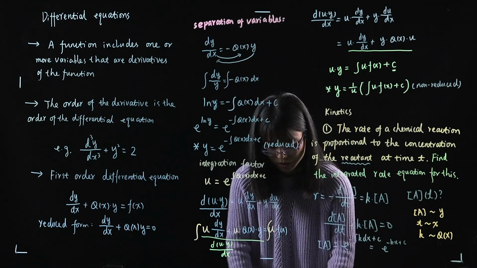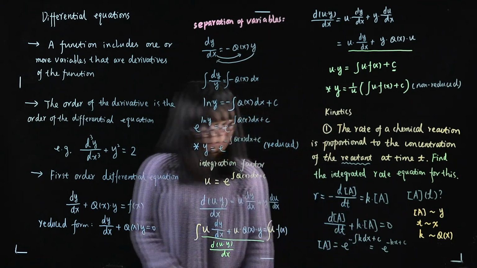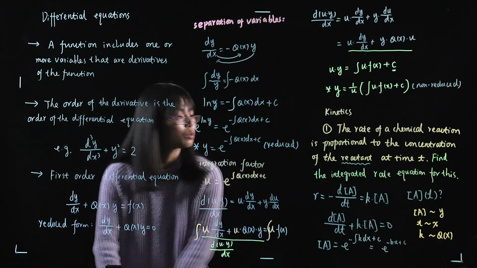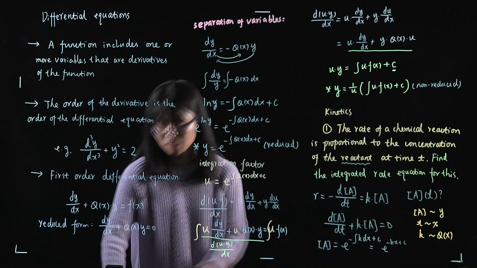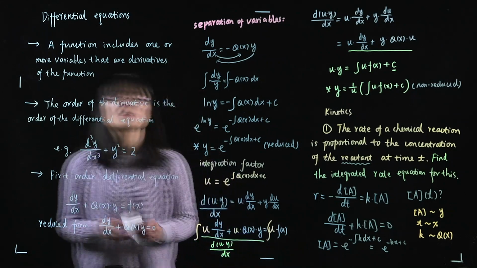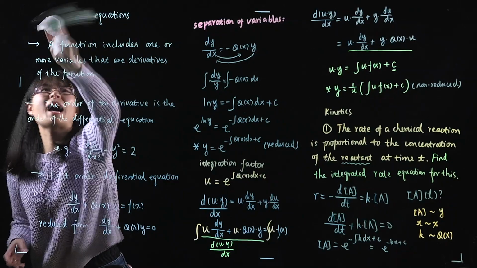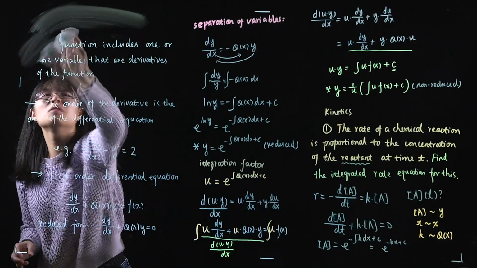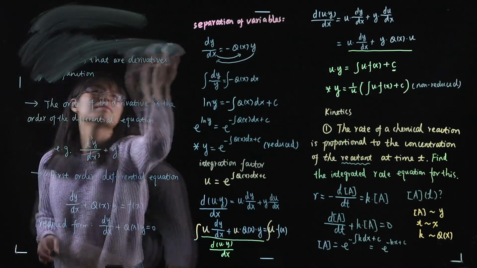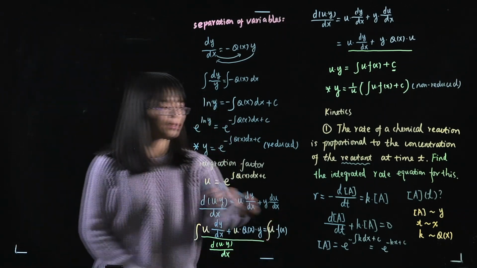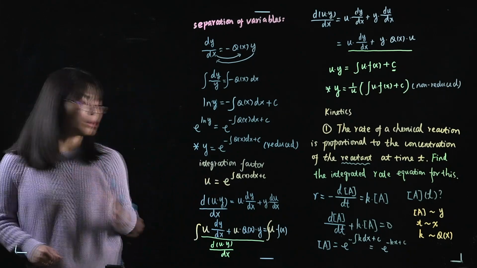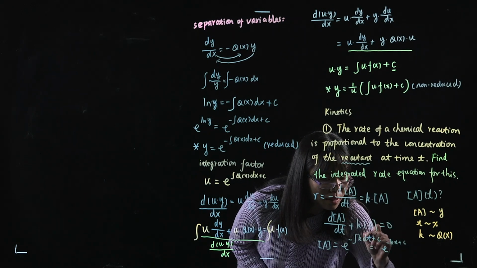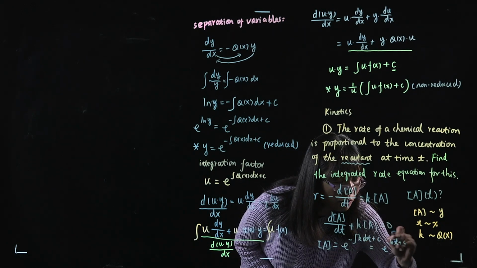To further find the integrated rate equation, this is not the end. We need to consider the initial condition by plugging in the values of y at time t. Okay, so let me make one correction here. Instead of x, we should plug in t for the variable.